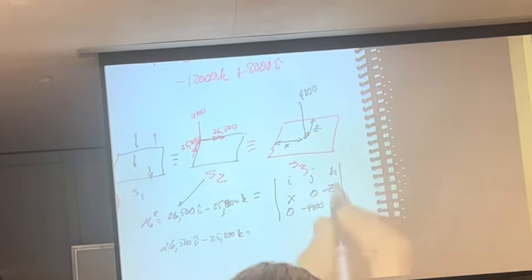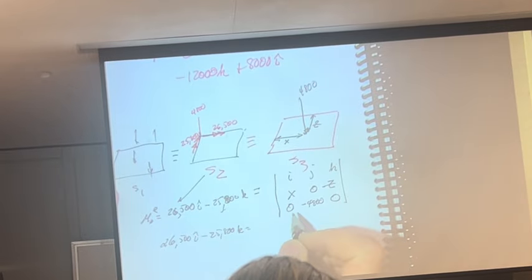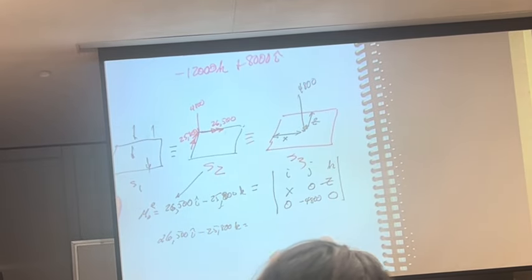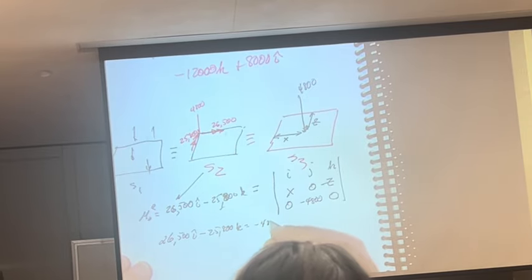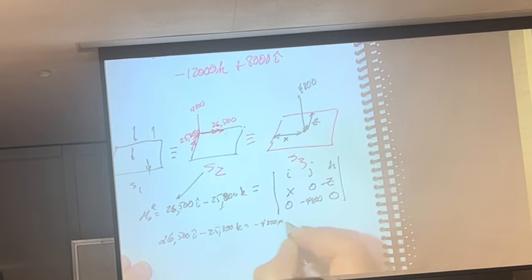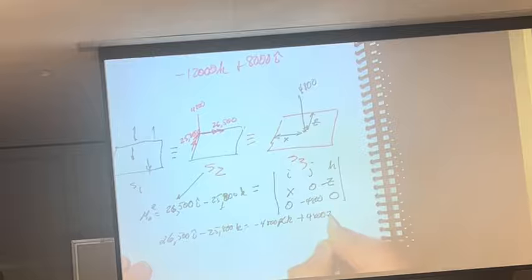So 26,500I minus 25,800K is equal to, if I do this cross product, which you should know how to do, you're going to get minus 4,800XK plus 4,800ZI.